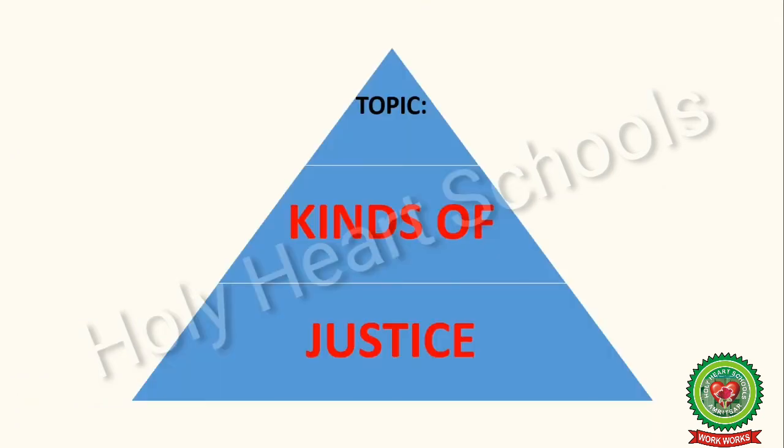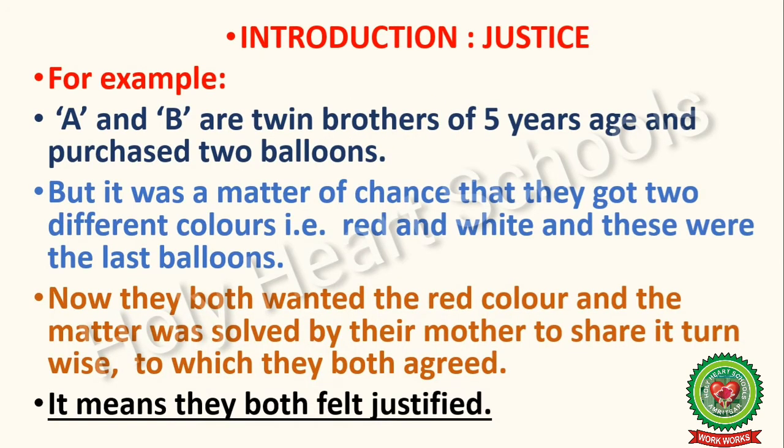Now I am going to start the topic kinds of justice. Before this, I will introduce the meaning of justice, as I gave you an example last time when I introduced the topic. A and B are twin brothers of 5 years of age who purchased two balloons.